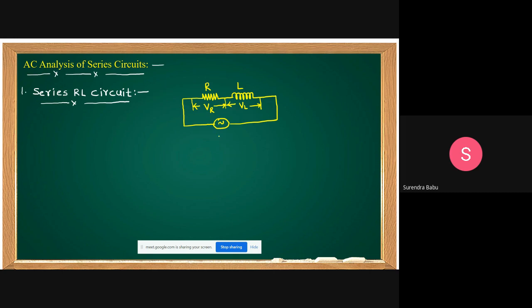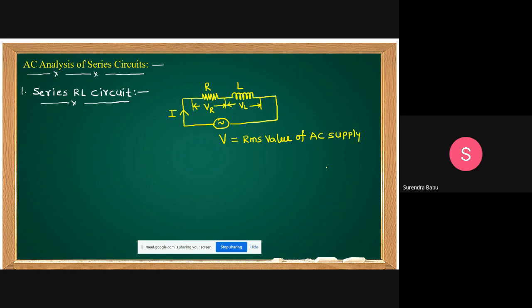Let the supply voltage be capital V. This V is the RMS value of the sinusoidal AC supply. Let the current in this circuit be I.